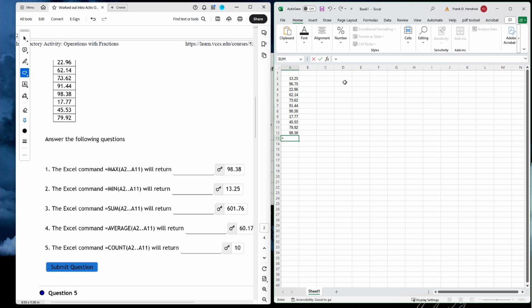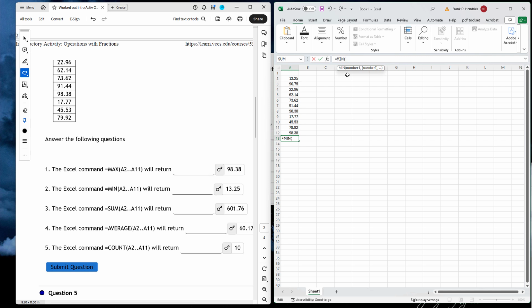Then I can find the min, almost the same thing. We use a min function, so I have equals, and we'll put it in A13. I go to my formula bar, equal sign, and I start typing MI, and there's the min function there.